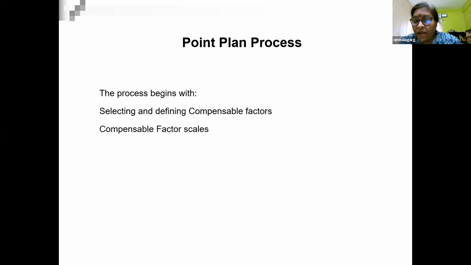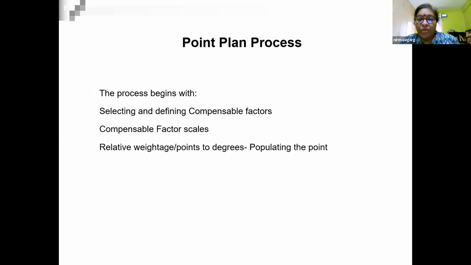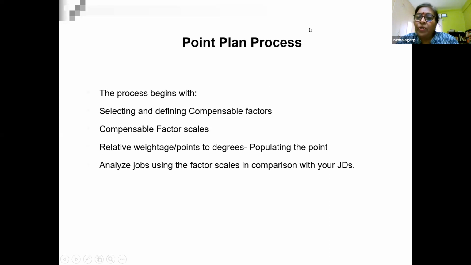Then we said these compensable factors will be differentiated into levels or degrees, which some of you have also done in an assignment. Then we talked about weightages, and then how we evaluate. Let me jump straight into an example so that you are able to understand the entire process, which you also need to do.